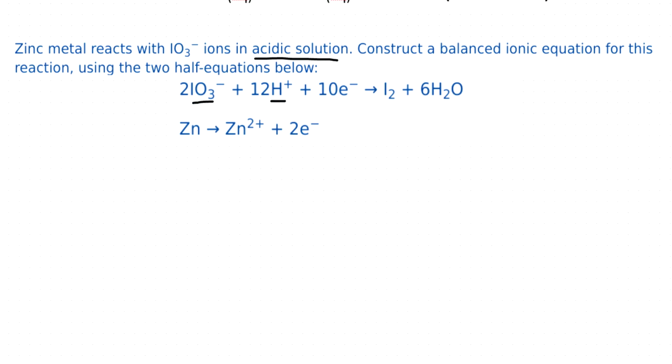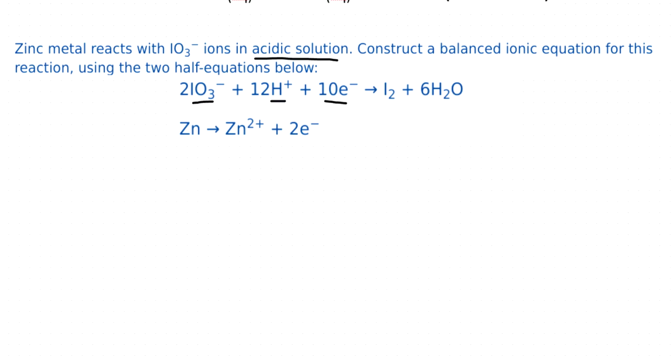Now, to balance half equations in order to get the full equation, what we are usually after is the electrons. We use the number of electrons to balance the whole equation. So in what we have here, the first equation is the reduction equation.